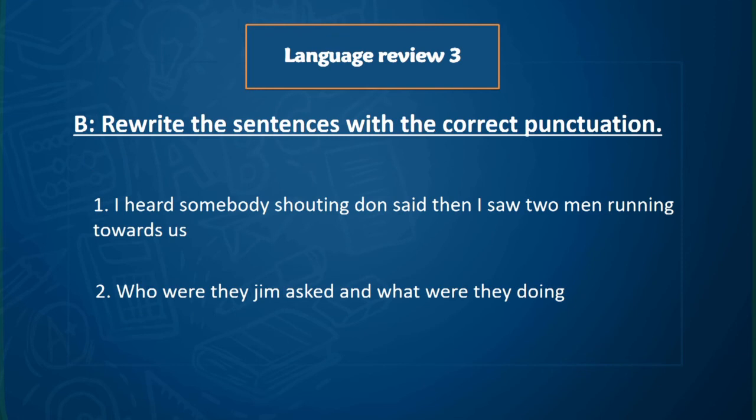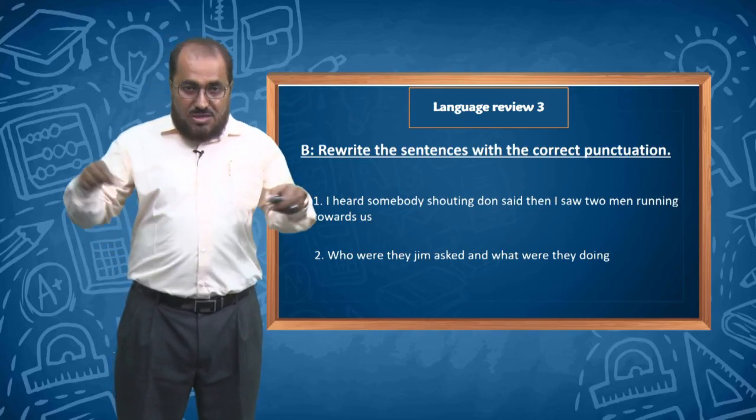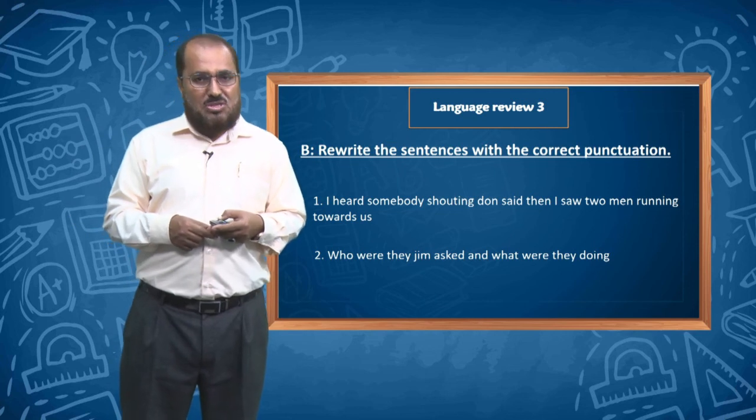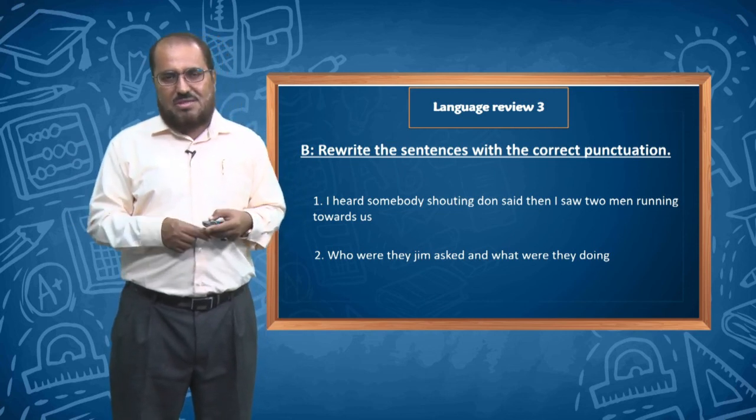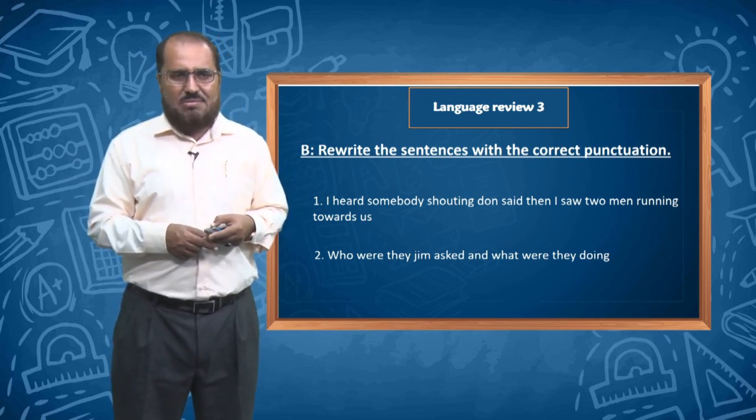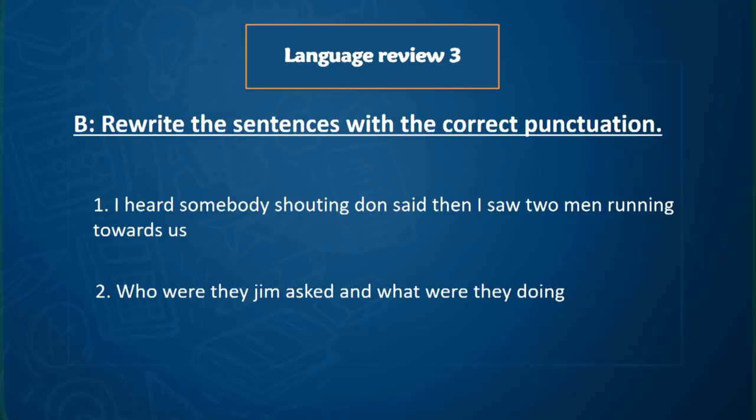Now, the last exercise, exercise B: rewrite these sentences with the correct punctuation. And you know what punctuation is. For example, a question mark or capital letter or full stop, comma, also speech marks or quotation marks. This is what I want. Number 1, look at the first statement in number 1 and try to punctuate it.